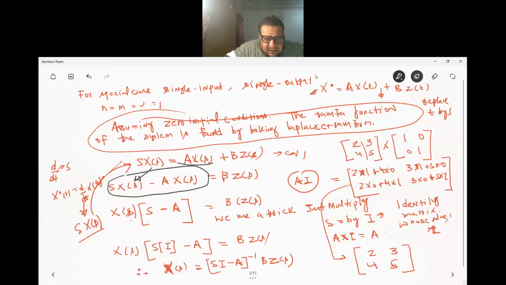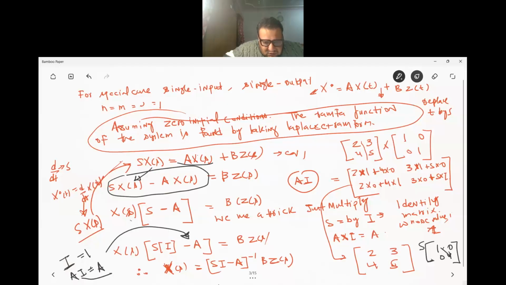So it is (s minus A) times x of s. Now we can multiply this with an identity matrix I, whose value is 1. When I multiply A into I, this gives me A only. That's why I have only written A over here, not A into I. But with respect to s into I, if it is a 2 cross 2 matrix, the diagonal elements would be 1 and the non-diagonal elements would be 0, 0.